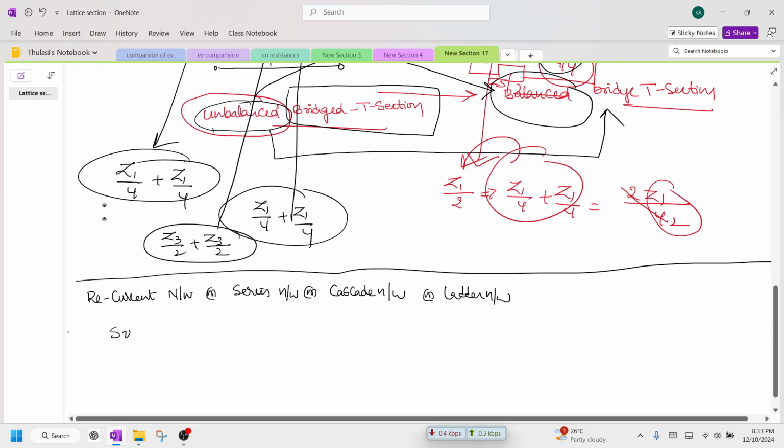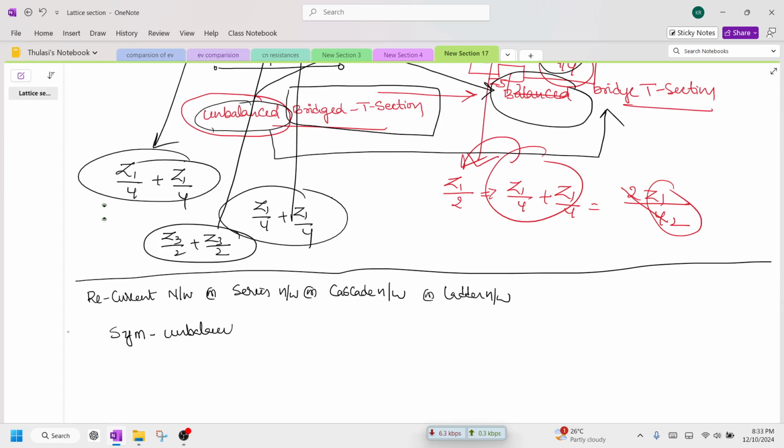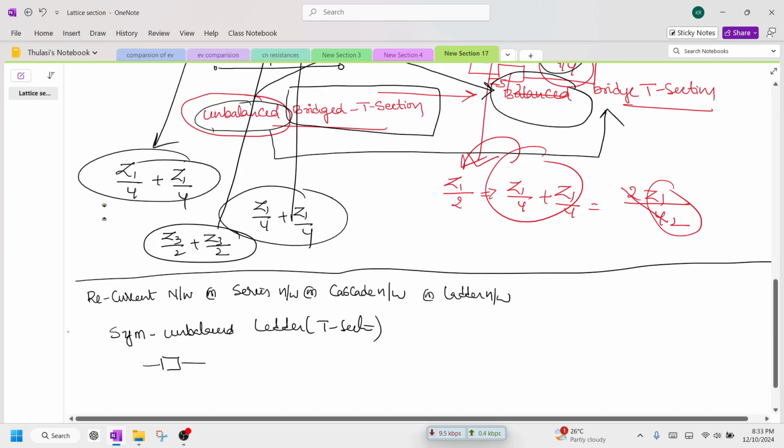A symmetrical unbalanced ladder T section. So here I'm going to construct a T section. This is one impedance. This is another impedance. This is another impedance.